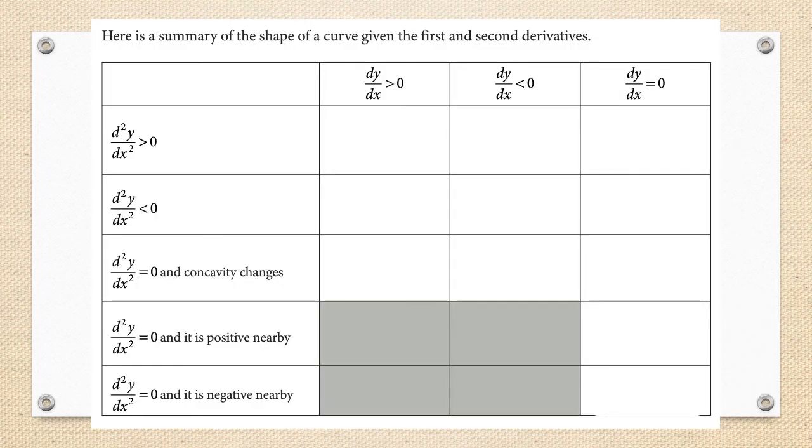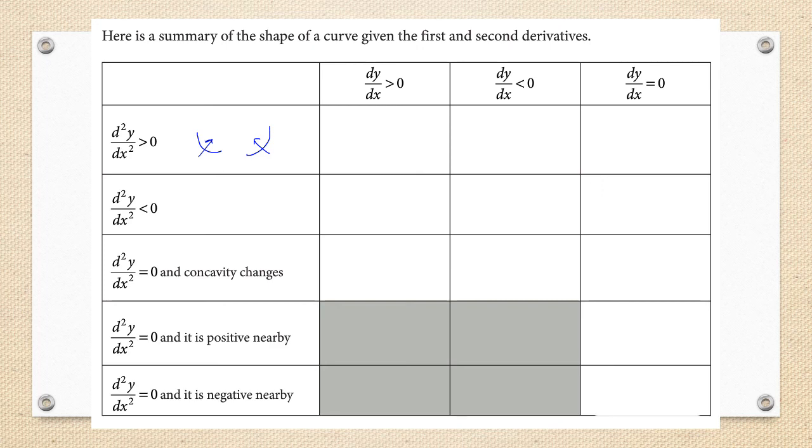Now let's take a look at the summary of the shape of the curve given the first and second derivative. If my second derivative is greater than 0, from what we learned previously, it tells us that it is concave upwards. For concave upwards, we have two kinds of shape, so it's either this or this.